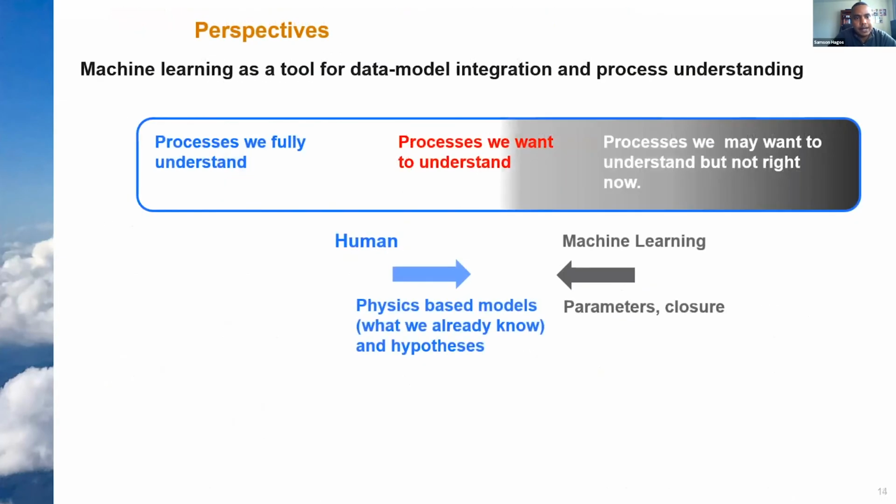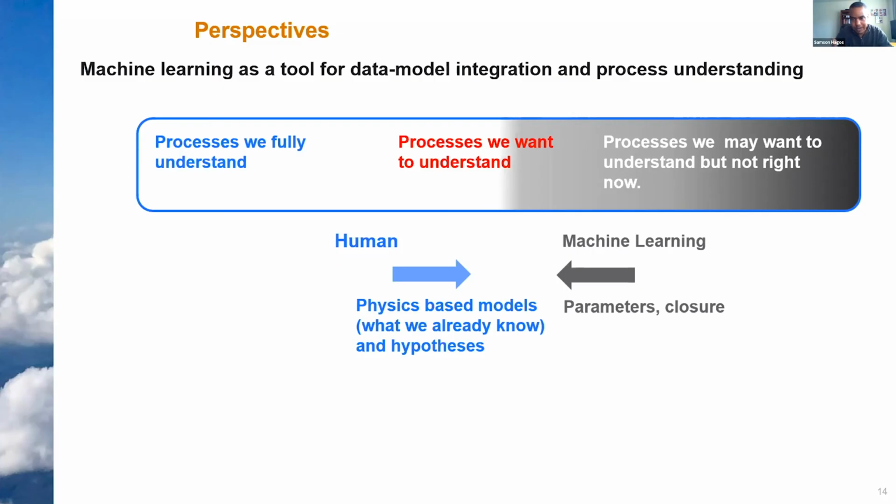So in summary, what this kind of work tells us is that we could use machine learning judiciously by first identifying the process that we fully understand, the process that we want to understand, and also the process that we may want to understand but are not key at the moment. We could use a machine learning algorithm for parameters and for closure.